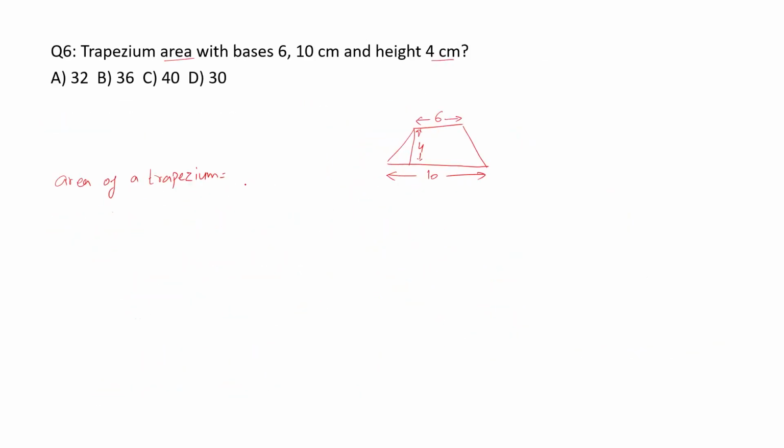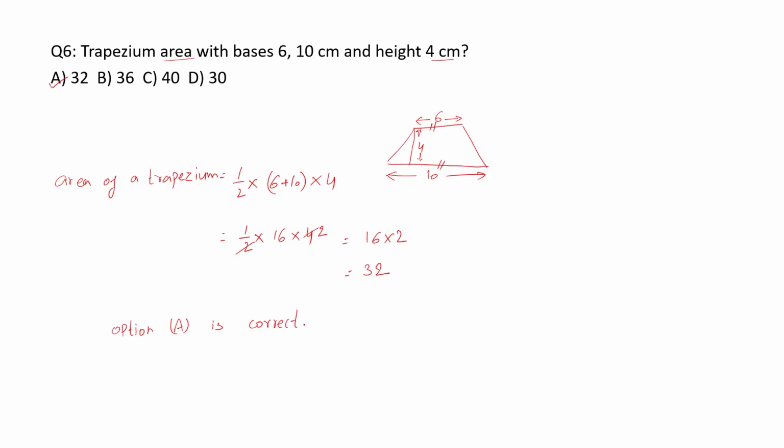So 1 by 2 into 6 plus 10, because these are the parallel sides, and into height. Height is 4. So 1 by 2 into 6 plus 10 is 16 and 4. So 2 and 4 will get cancelled by 2. So it is 16 into 2, and that is 32. So answer is again option A.